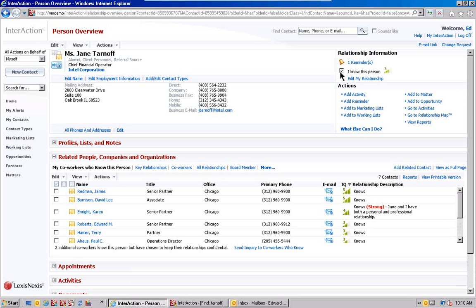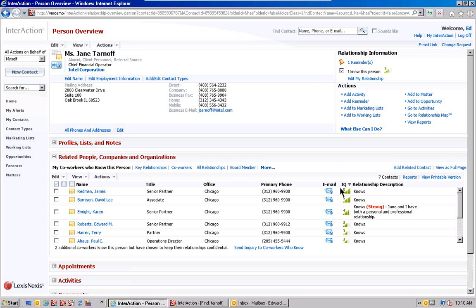The strength of the relationship between two people is basically a subjective decision on the part of the user entering that relationship. Okay? InterAction IQ provides a very objective point of view of a person's relationship by calculating that relationship strength score.